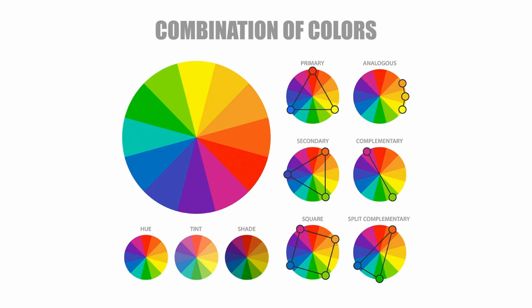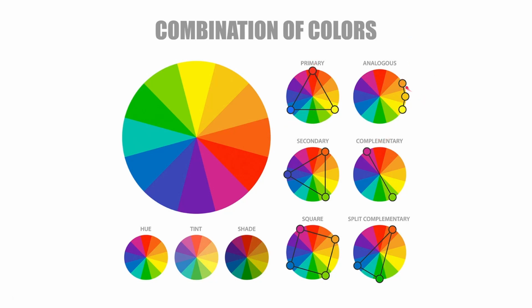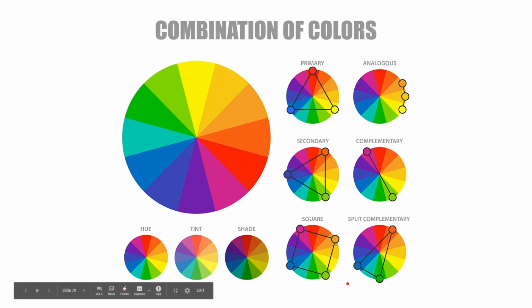So you have your combination of colors. You have your primary, which is the main three colors, and then you have your analogous, your adjacent colors, your secondary, derived from the primary, and then your complementary, the one directly opposite a certain color, and then your split complementary, and then the square, which is a square combination.